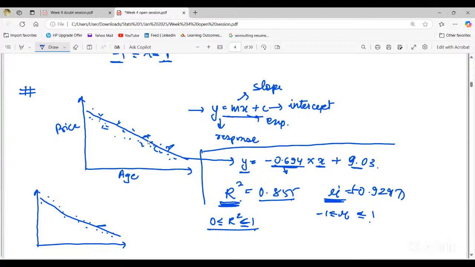We are just representing these dots in a line, in a linear fashion, in a linear way, through an equation of a line. That's it.